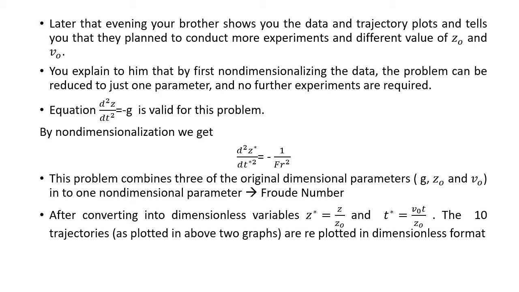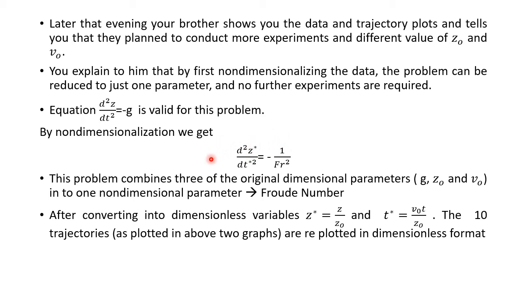So he uses the same equation that we used in the previous problem: d squared z by dt squared is equal to minus g. The non-dimensionalized equation is what we have here: d squared z star by dt star squared is equal to 1 minus 1 by Froude number squared.